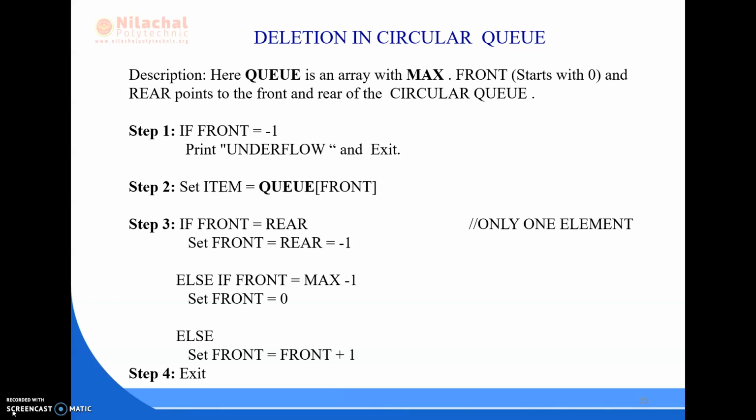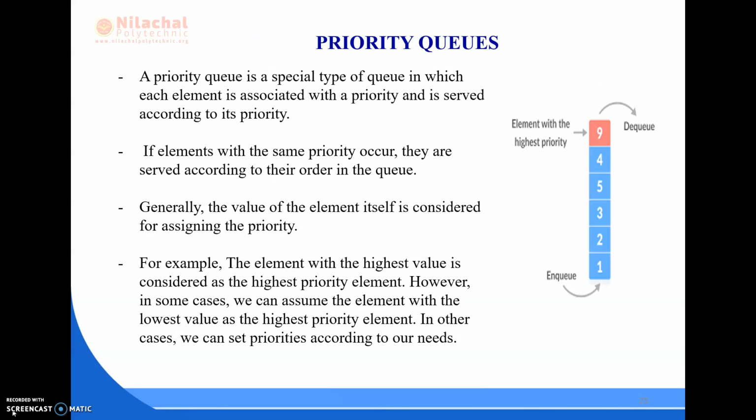Else, normally, front is equal to front plus 1, that means we have incremented the front by one position and we have deleted the item at the front position. After the deletion, the fourth step is we need to exit. So this is how we do deletion in circular queue.